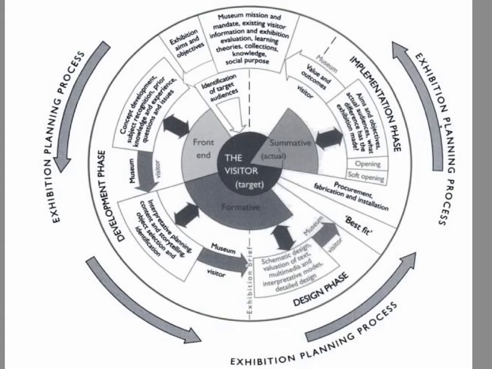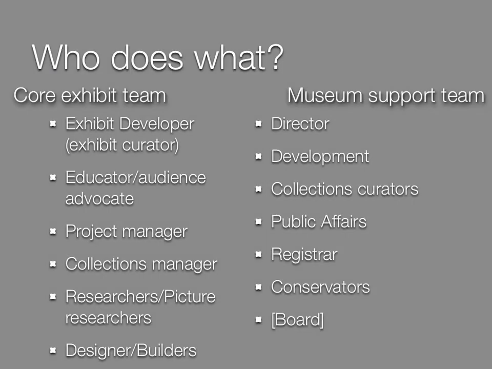The other thing to remember goes back to what Rabinowitz said about it taking a community. This is a typical big exhibition team. On a big exhibit project, you might have a developer, a person trained in education, but often called an audience advocate. Again, the terms keep changing.